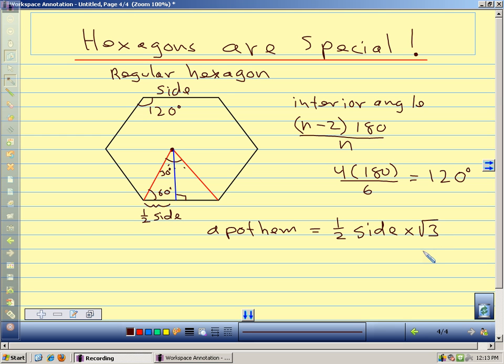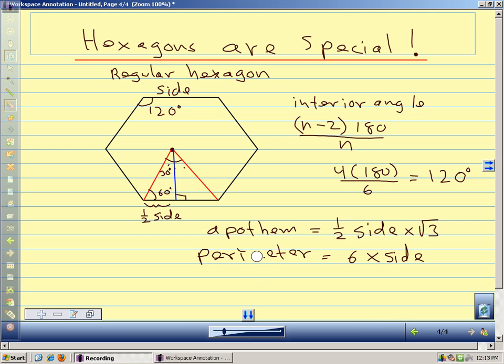And the perimeter is just 6 times the side. So all I need to find the area of a regular hexagon is the length of the side.